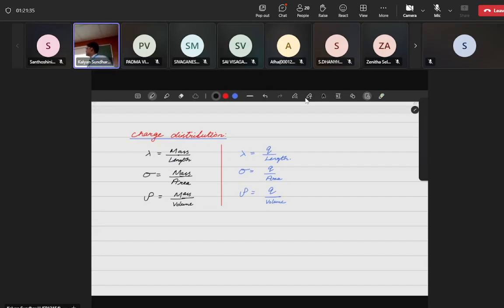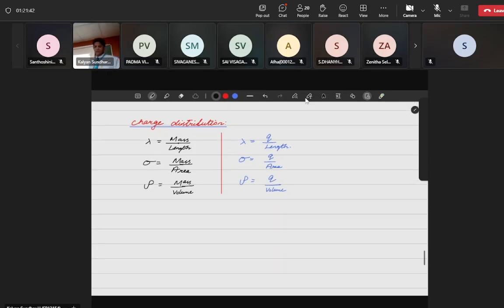So this will be the charge distribution in the electric field and charges.